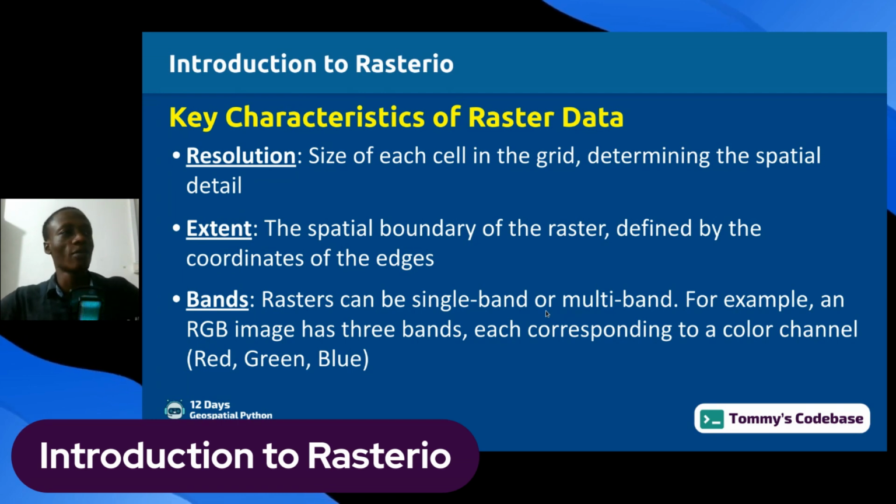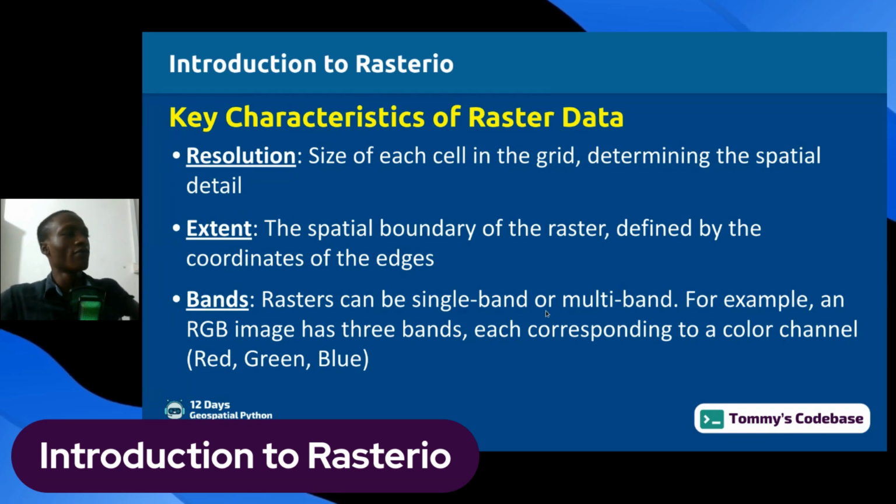So if I tell you that my raster file has a resolution of 10 meters, that means each pixel is 10 meters by 10 meters, or it represents 10 meters by 10 meters on the ground. If I tell you it has a resolution of 30 meters, it means that a single pixel in my raster data represents 30 meters by 30 meters on the ground.